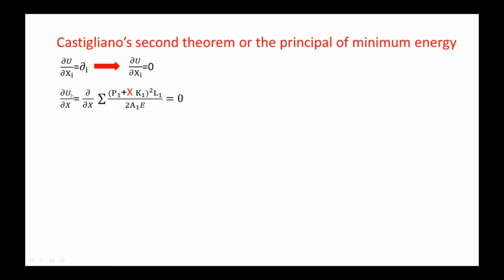So here del U by del X is equal to del by del X of the summation of (P1 plus X into K1) bracket square into L1 by twice A1 into E, equal to 0.